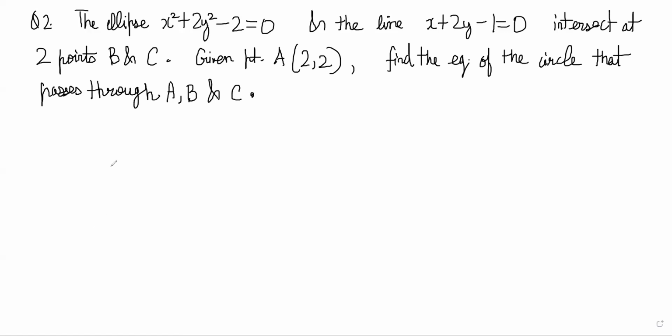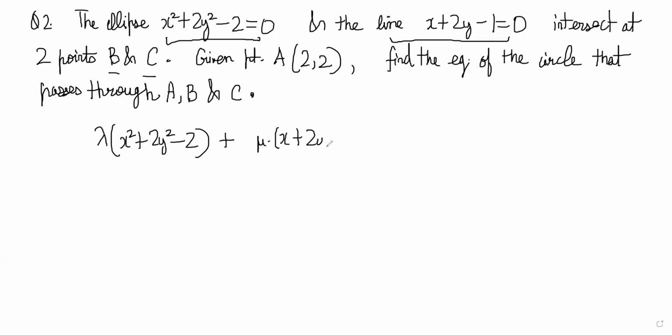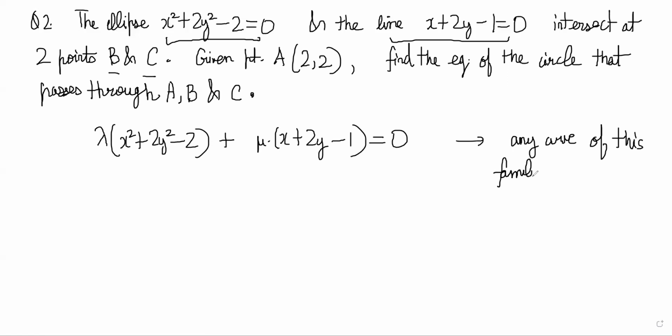So now think about it. This is an ellipse and the line is intersecting the ellipse at 2 points B and C. Now, what we know, the theory is, in general, if you write this family of curves, lambda times this plus mu times this, any curve of this family always passes through B and C, right?